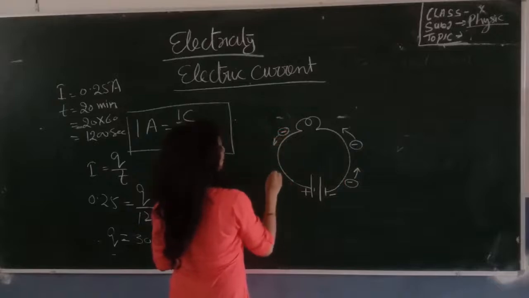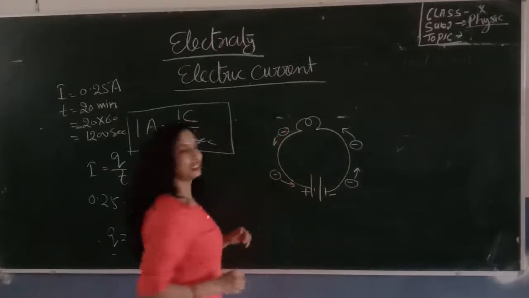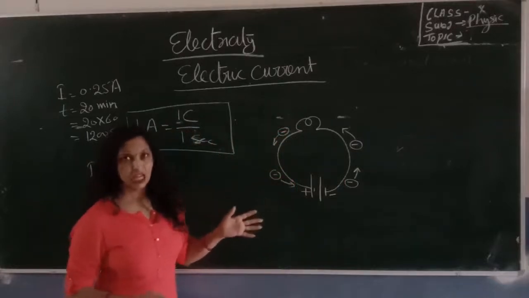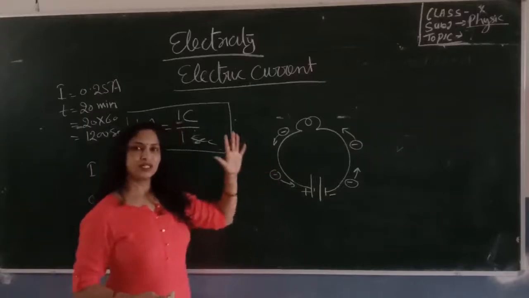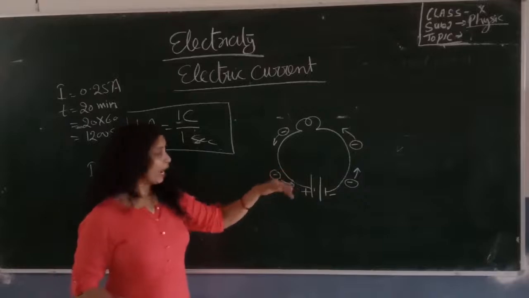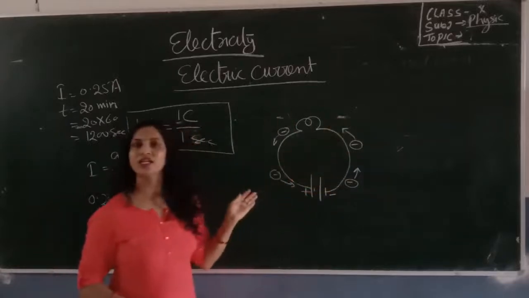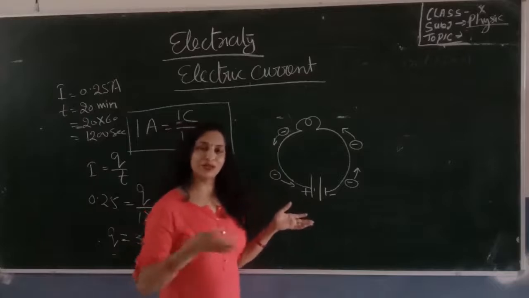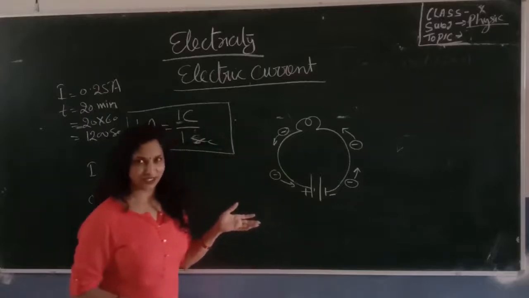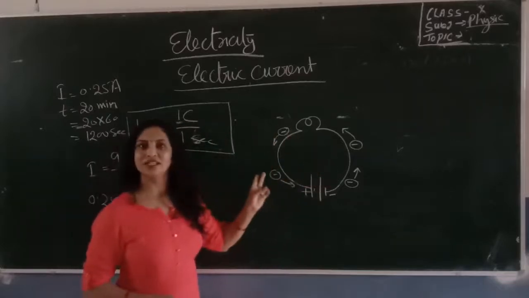It means by connecting the circuit with a battery or a cell, we provide a potential difference so that the electrons get a flow. This flow of electrons, the flow of charge, is called electric current.